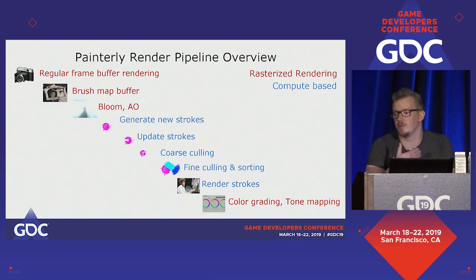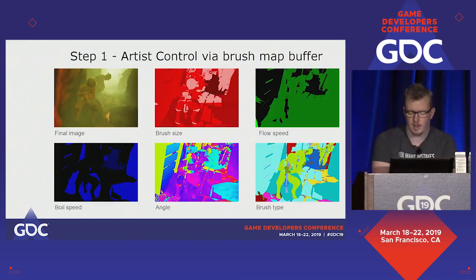All of this is basically to make the rendering of the strokes more efficient at the end. We also do blending with the background image as part of the brushstroke rendering. And when all of that is done, we have the color grading and tone mapping.